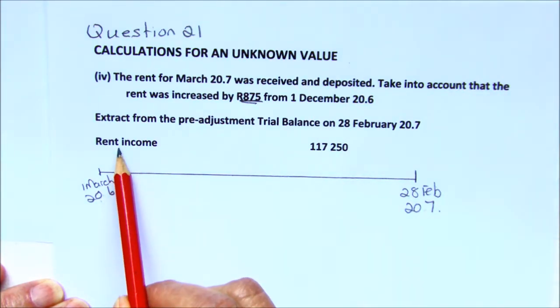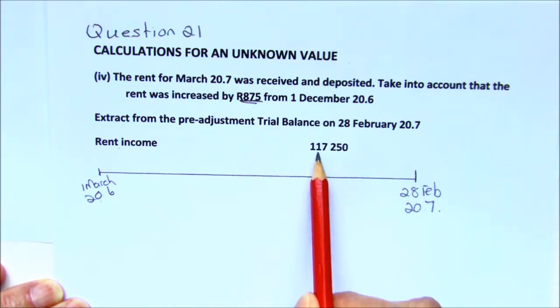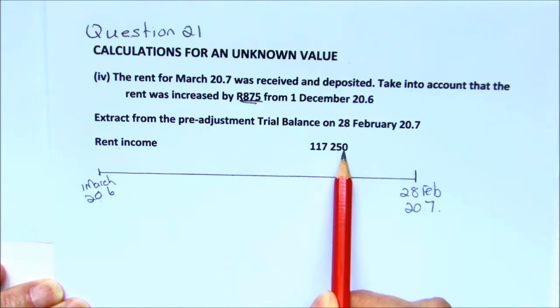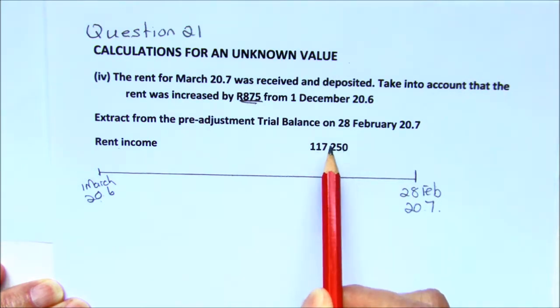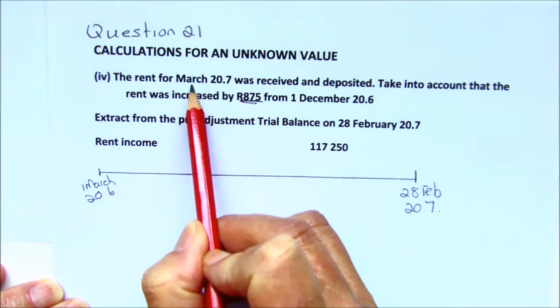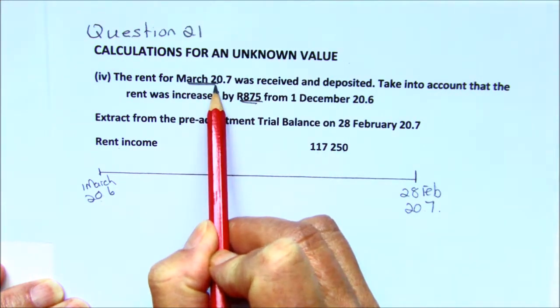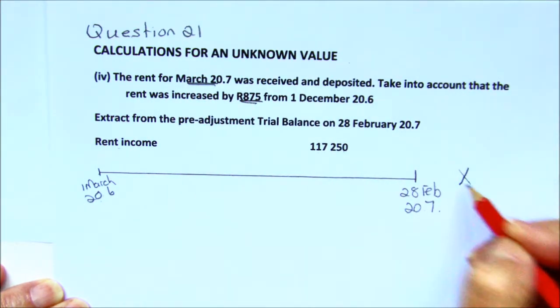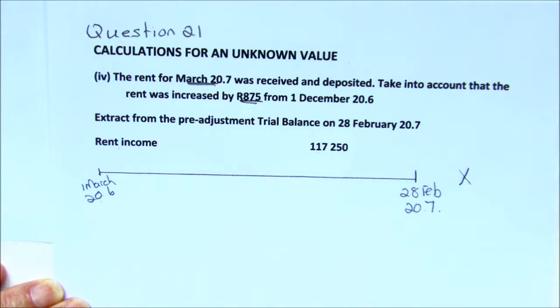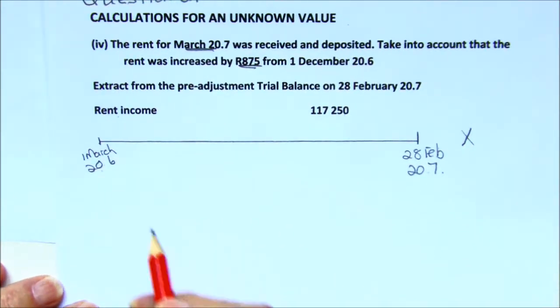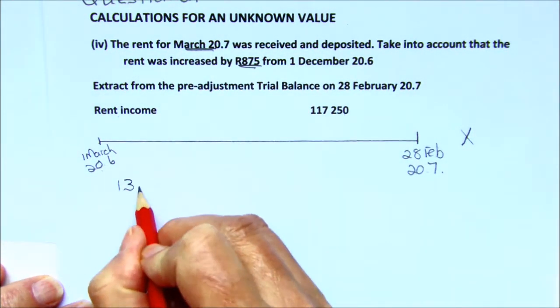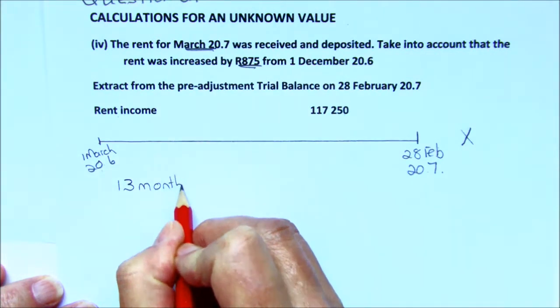And I'm told in the trial balance that I received rent of 117,250. But now, the rent has actually been received for March. Now, March is beyond our financial year, which means in actual fact that I have actually received 13 months' rent.